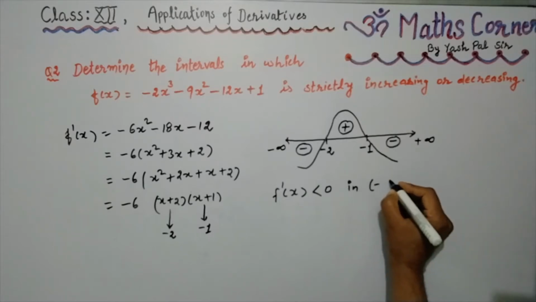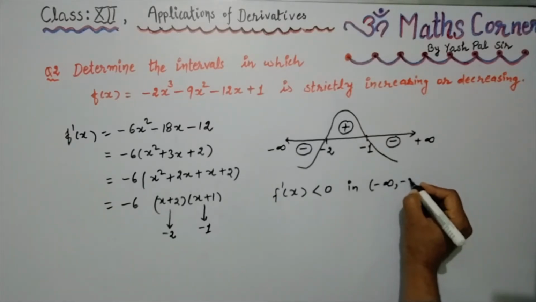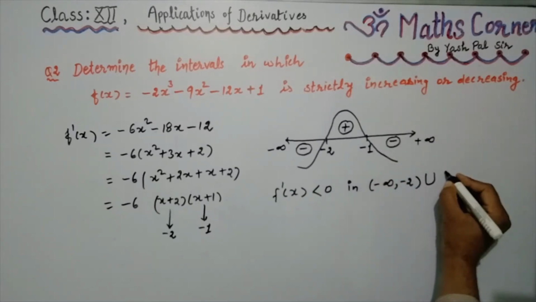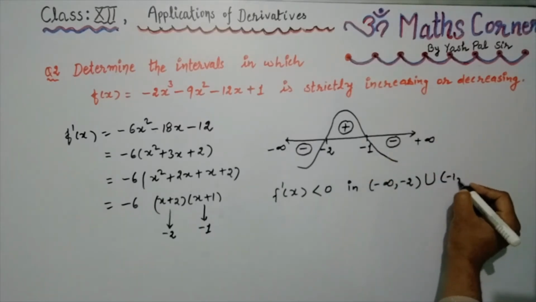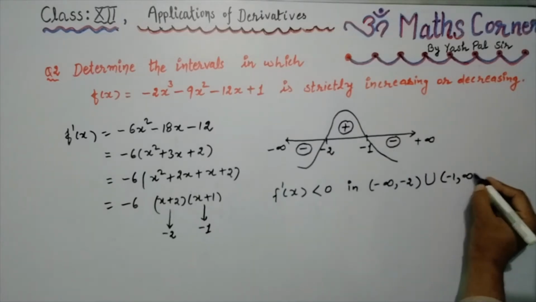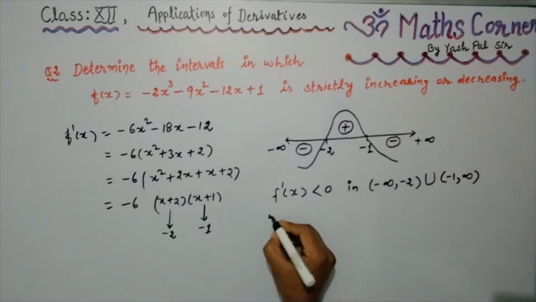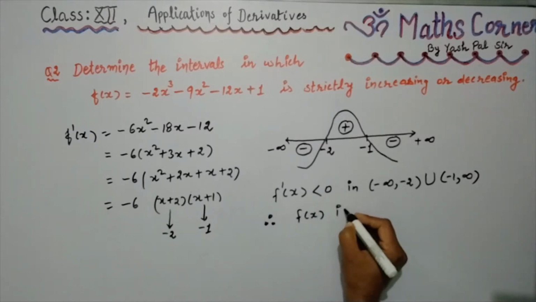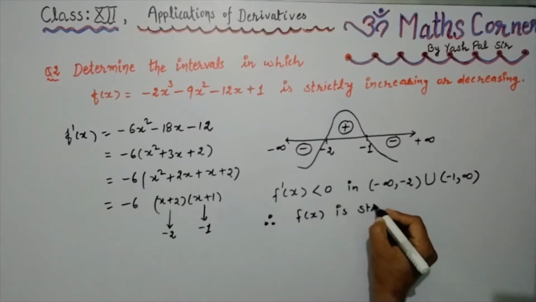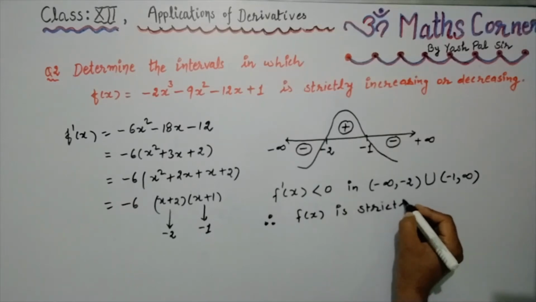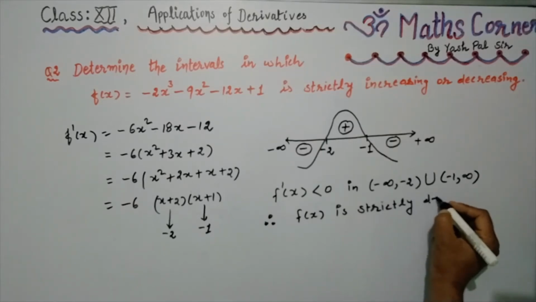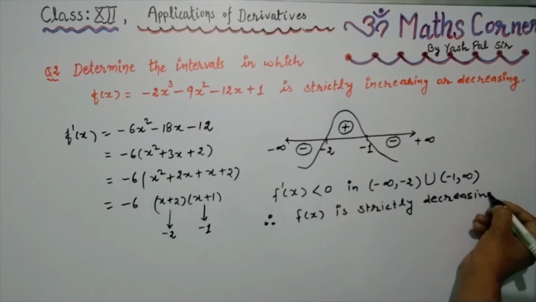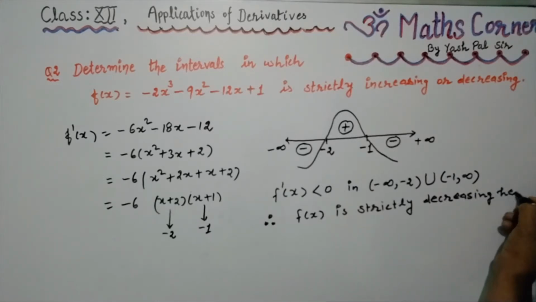Minus infinity to minus 2, union minus 1 to plus infinity. So what we say, f of x is strictly decreasing in these intervals.